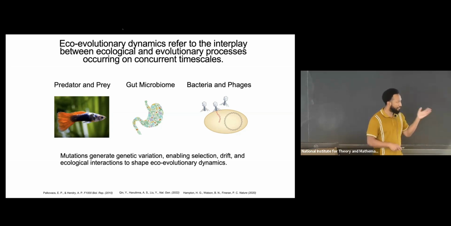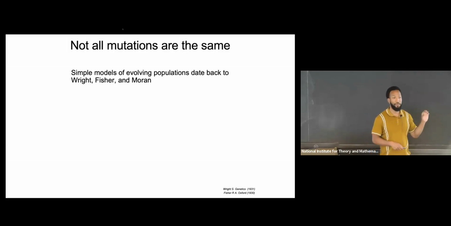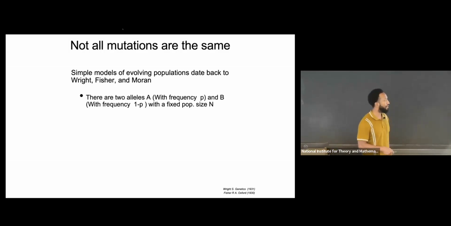The idea is that traditionally, models of mutations have not really considered how mutations occur. There are many different ways you can get mutations: from the environment, from replication, in many different ways. But traditional models don't consider these modes of mutation.